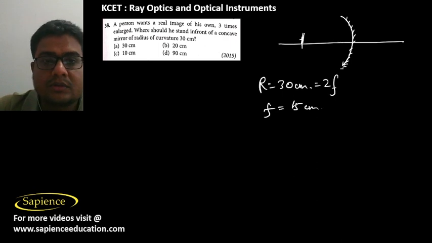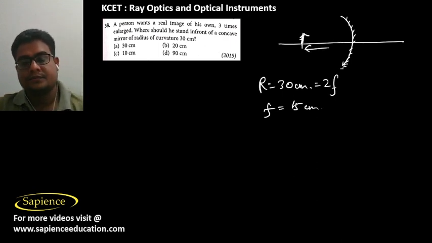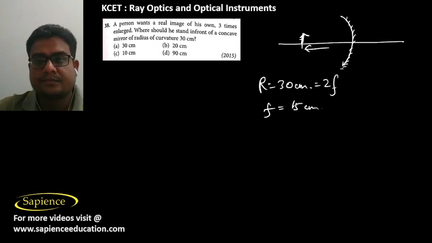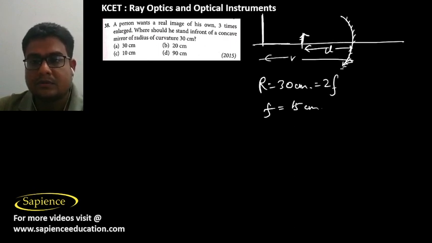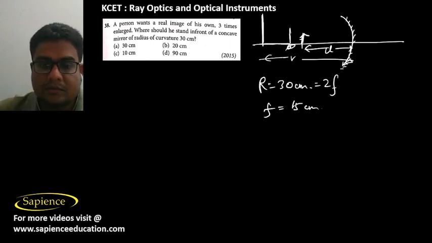So here the object is there. This is u. Then the image should be found here. This is v. And the focus should be somewhere here.